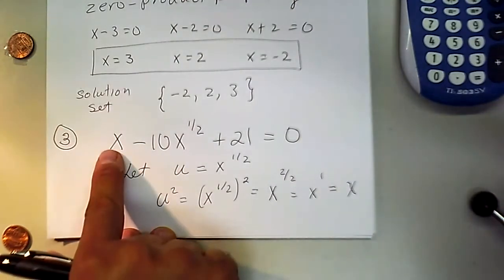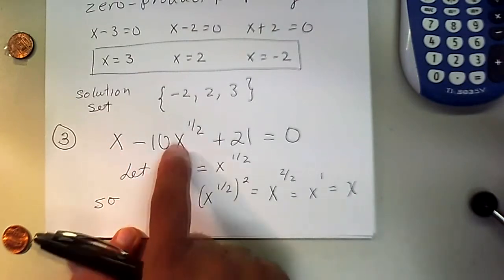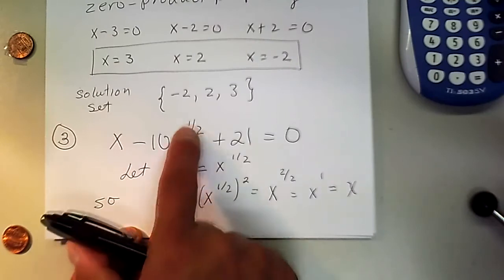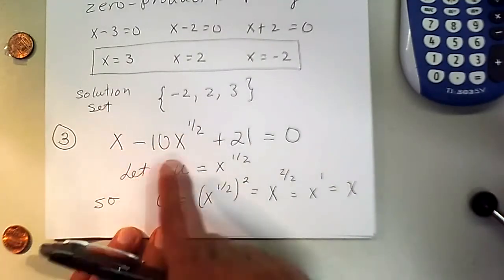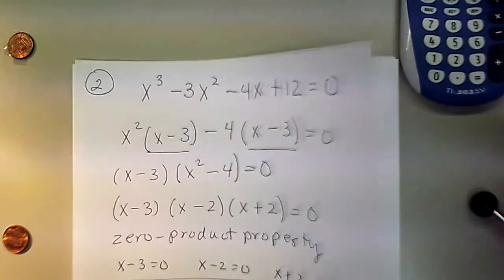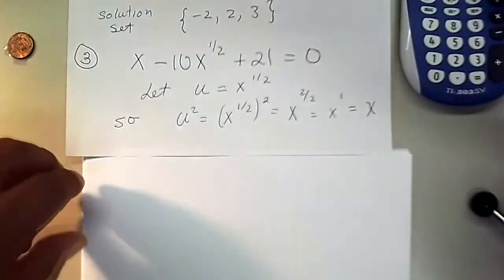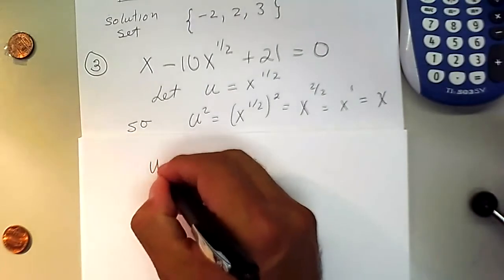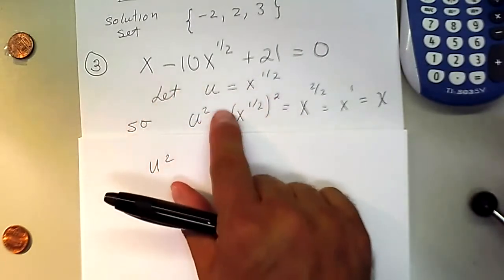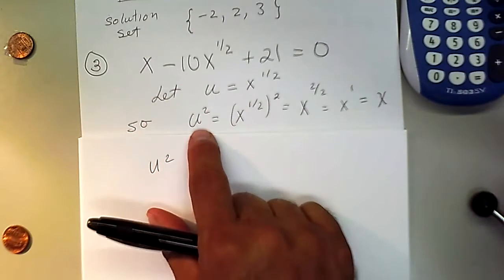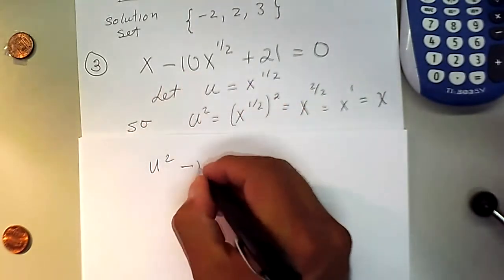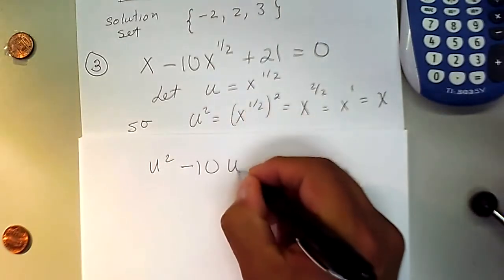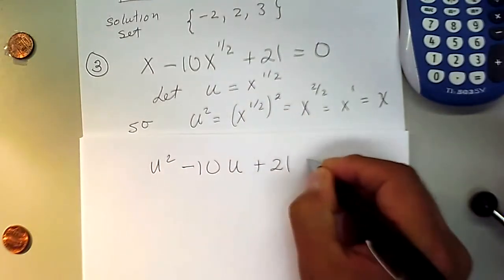So this is the square of u, if this is u. When we square it, we end up with this. So now we can rewrite our equation as u squared, so the x takes the place of the u squared, minus 10, x to the 1/2 is u, plus 21 equal to 0.